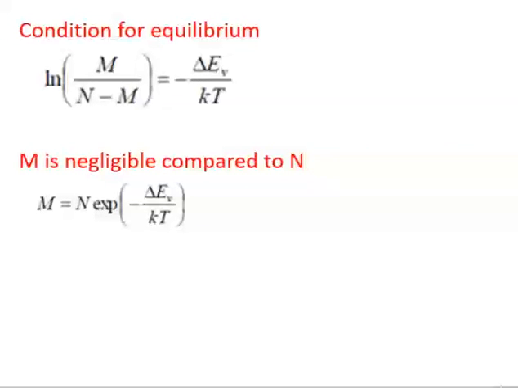Now, if you want to remove this ln, you take the exponential of both sides, and doing that will give you m over n, which is equal to exponential of everything here. Now you multiply both sides by n, you will be left with m equal to n exponential minus delta EV all over kT. And m, we said, is the number of vacancies we want to create per unit volume of a crystalline structure.